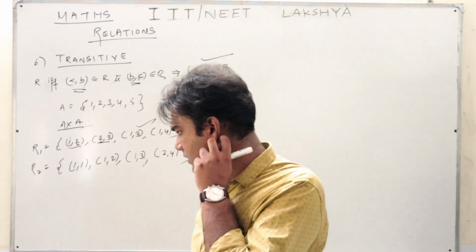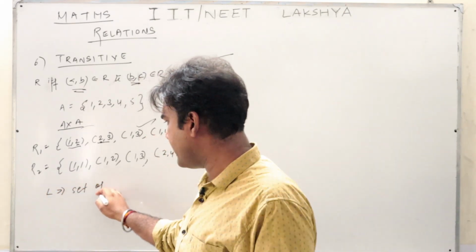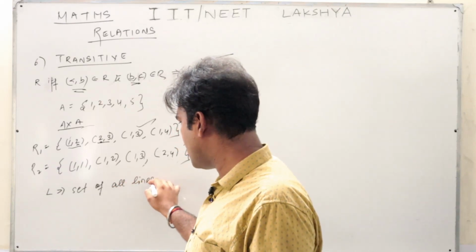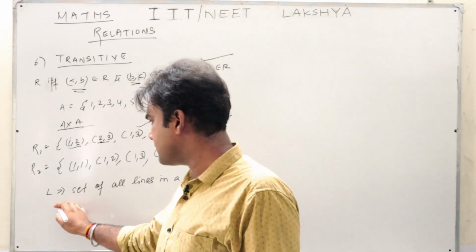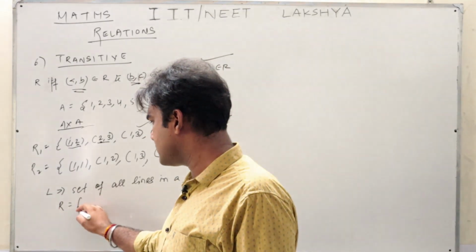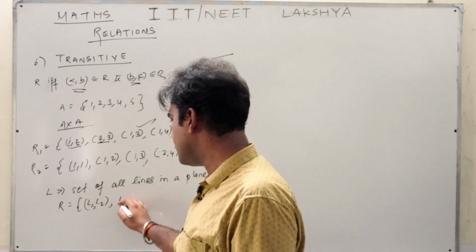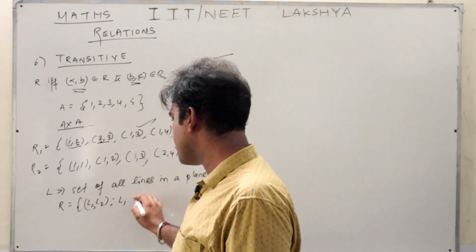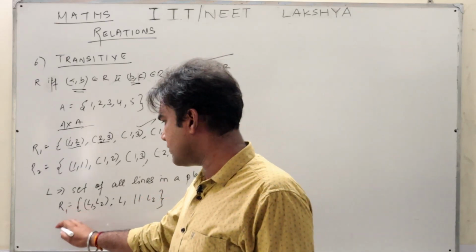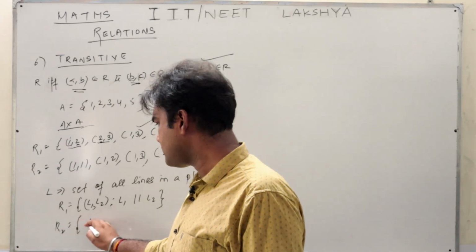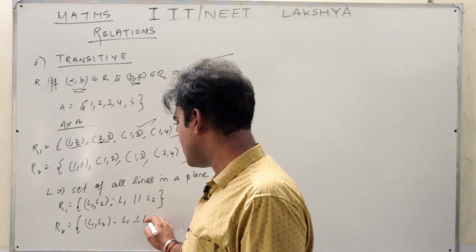Let us take a few more examples. Let us say we have a set L, which is the set of all the lines in a plane. We are defining relation R1 as the collection of pairs L1, L2 such that L1 is parallel to L2, and relation R2 as the pairs L1, L2 such that L1 is perpendicular to L2.